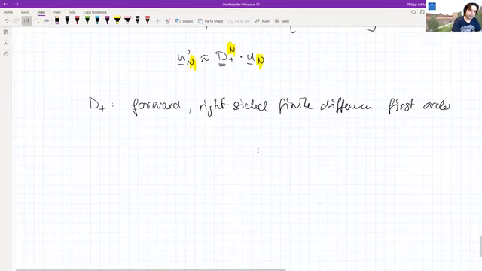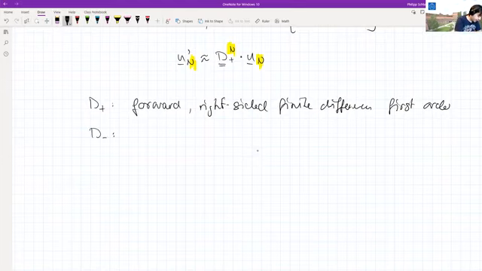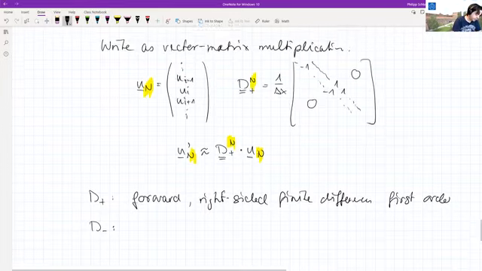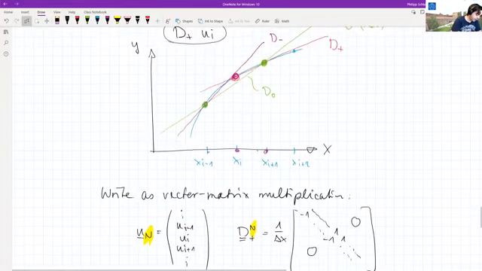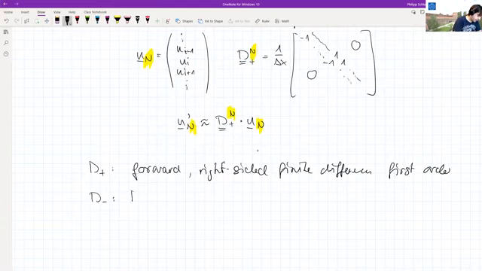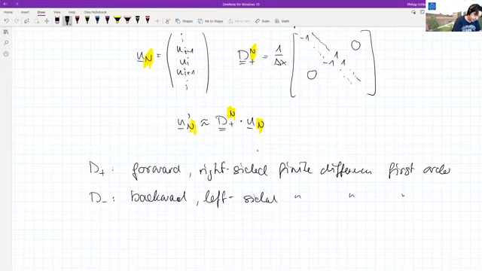So this was the d plus derivative, but at the same time I can define the d minus, which we have seen here in the sketch as well. And there the idea is this would be backward or left-sided finite differences of first order.